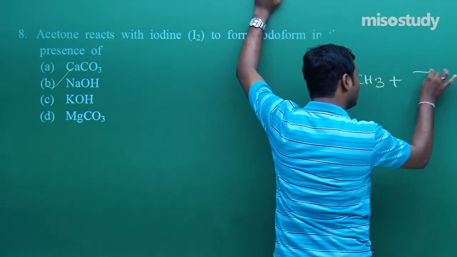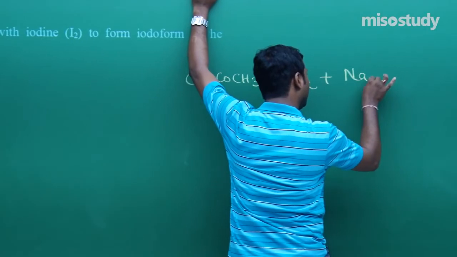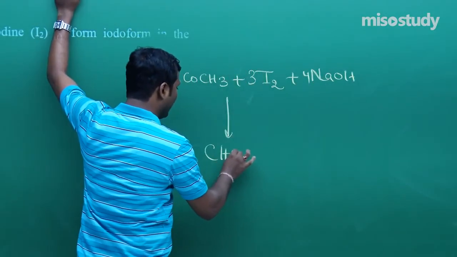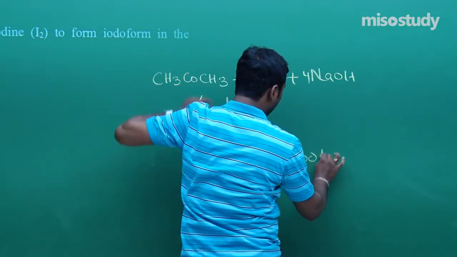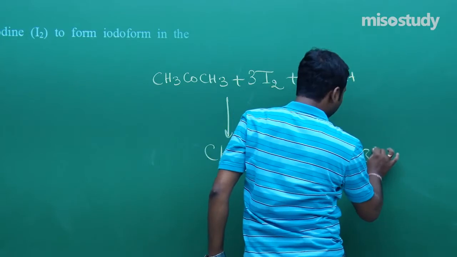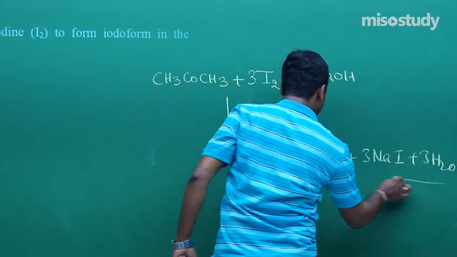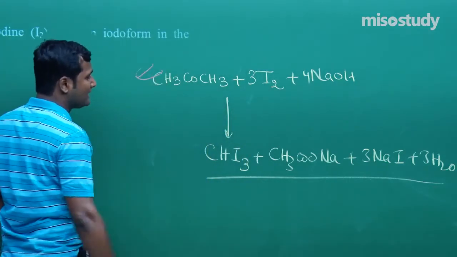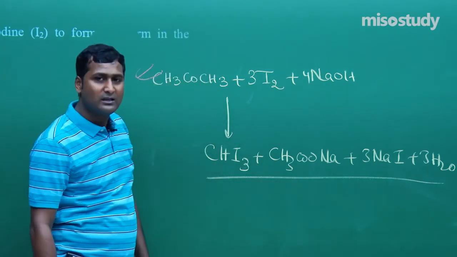CH3COCH3 plus I2 plus NaOH gives you CHI3, CH3COONa plus NaI plus H2O. If there is any mistake in the balancing, you can correct it. This is a simple thing. Let's check again: CHI3, CH3COONa, 3NaI plus 3H2O.